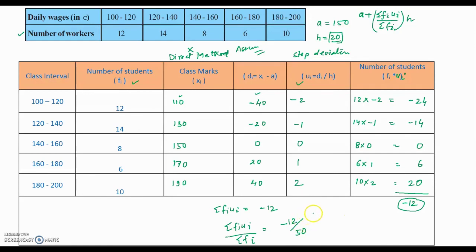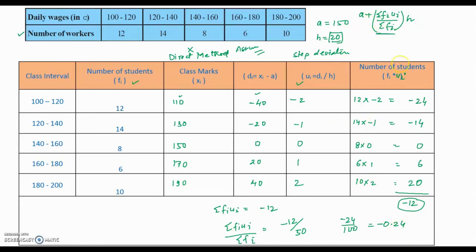If you multiply by 2 in numerator and denominator, this will give you minus 24 by 100. Why did we multiply by 2? To make the denominator 100 for simplicity. The calculations will be simplified. So this part will give you minus 0.24.